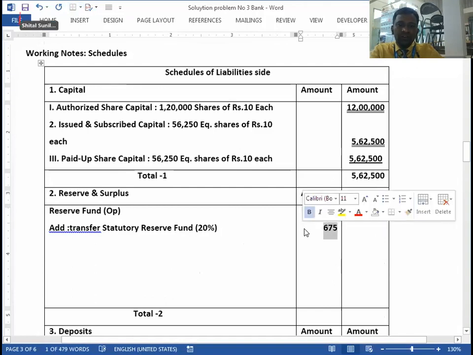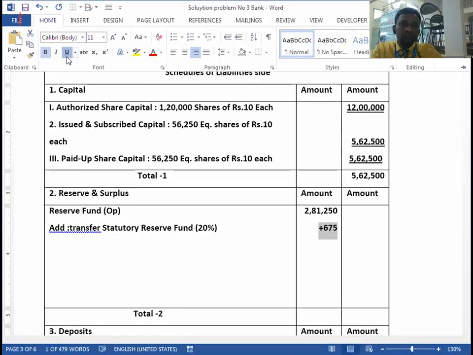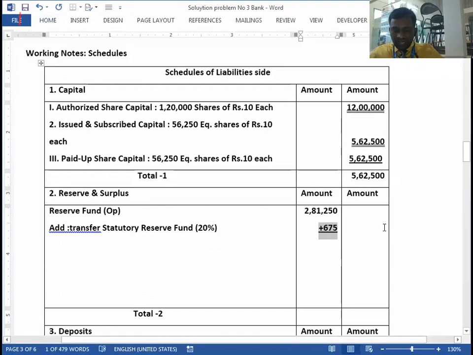So this is the figure: 2,81,250 plus 675. So the total reserve fund is rupees 2,81,925.